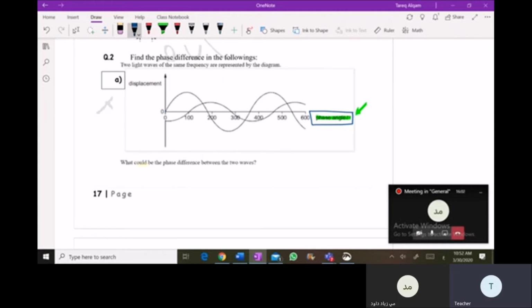Okay. Here I considered this crest with this crest, right? So they are equivalent. The phase difference between them is 100, right? I considered approximately this trough with this trough, around also 100 and so on. So the phase difference here is 100.